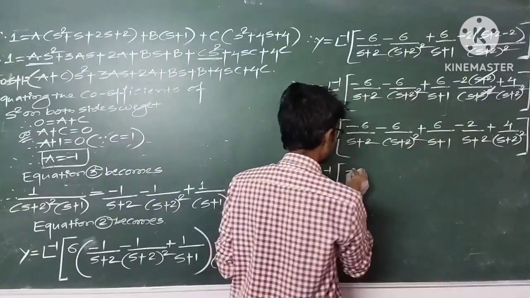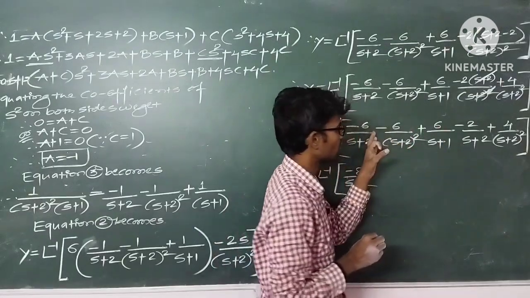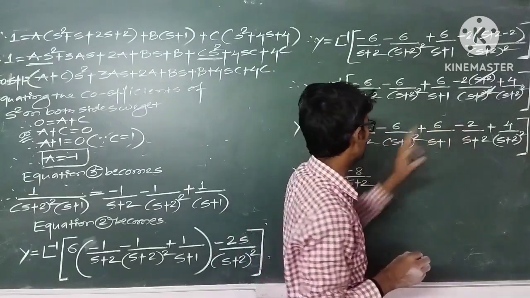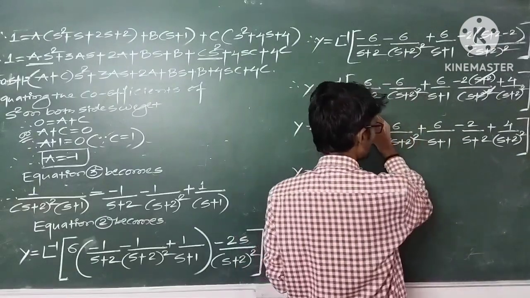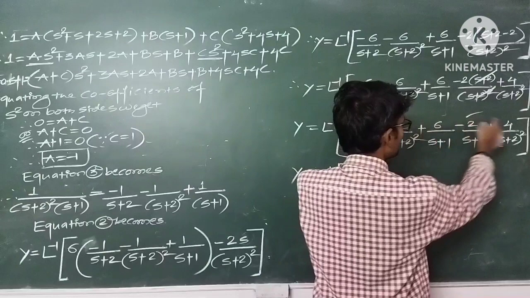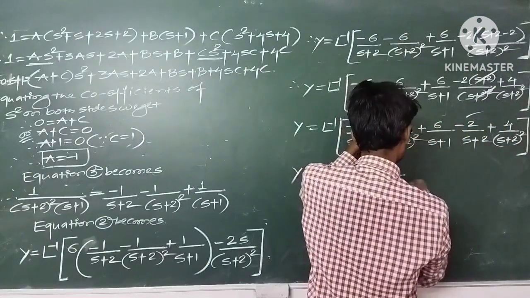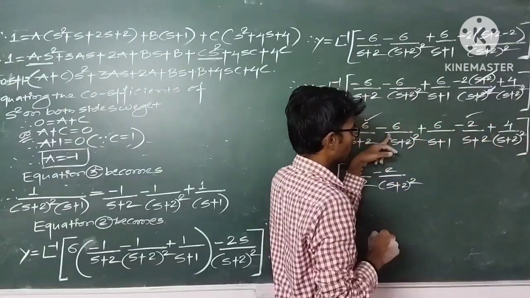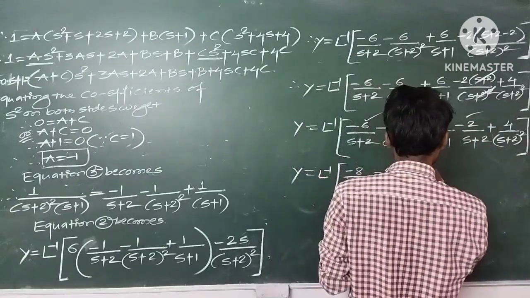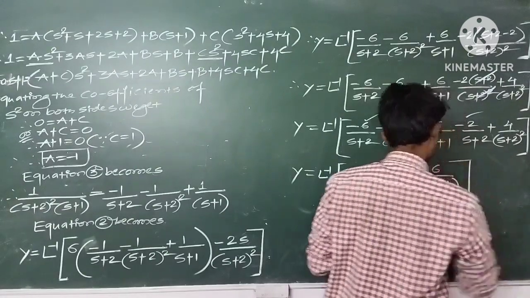It is minus 8 divided by s plus 2 because both are having the same denominator, you add the numerators. Next, minus 6 plus 4 is minus 2 divided by (s plus 2) whole square. Both are having the same denominator, add the numerators. Next, after that, you write plus 6 divided by s plus 1.